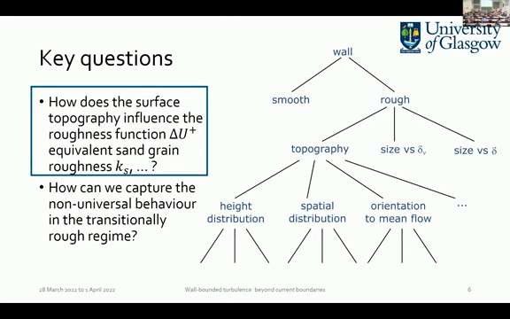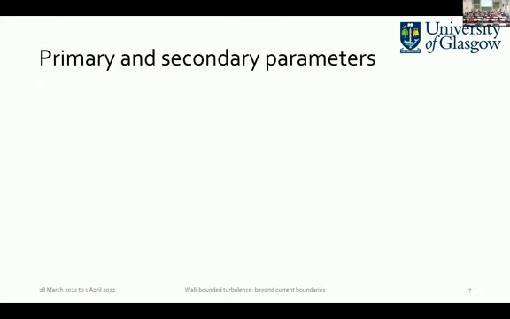And then we also need to understand what is the topography of our rough wall, and we have multiple parameters needed to describe this accurately. For example, the height distribution needs to characterize spatial distribution, and orientation of this rough surface to the mean flow. So basically, once we choose to look at rough wall turbulence, we are suddenly faced with many new parameters which just arise from the fact that the wall is now rough.